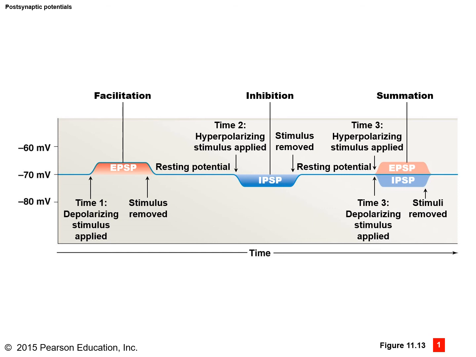However, at time 2, where we inhibit, we hyperpolarize, thus activating the chemically gated potassium channels, making the cell more negative. So this is going to inhibit the cell's ability to generate an action potential. Now, if they're both applied, we get what is called summation. And summation causes no movement, where they essentially cancel each other out and we are at resting membrane potential.